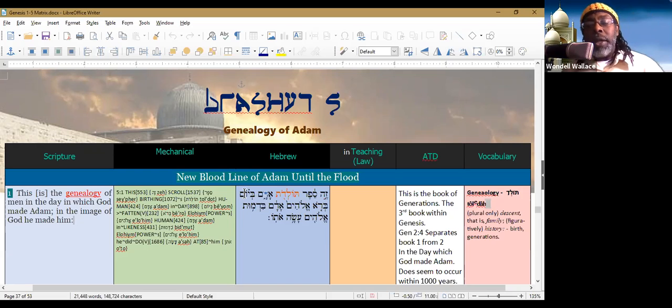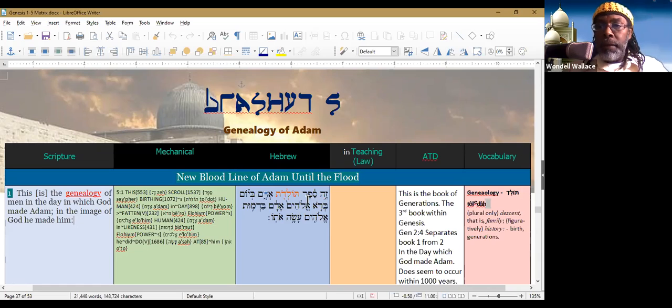It makes it more clear in another translation. I'm using the Septuagint here, so it doesn't make it quite clear. But if you go over to the Hebrew column, this middle column here, and you look at these 3 words, Ze, that word right there is Ze.